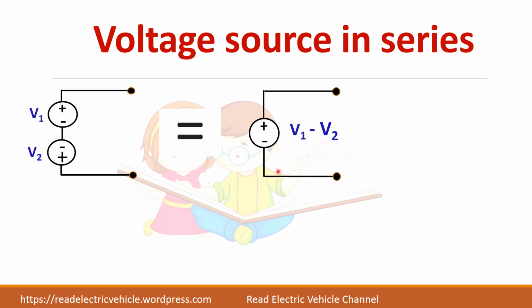What will be the equivalent one? Plus minus or minus plus, it depends upon which has higher value. Suppose this is 10 volt and this is 5 volt, you will get plus minus. In case V2 value is greater, you will get minus and plus.